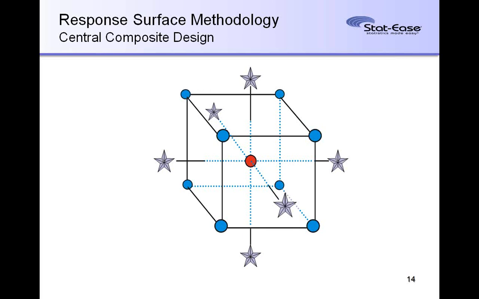So I don't know about you, but I don't care to invest a lot of time and energy into an area of the design space where I have only made a single run. So these are good supporting runs, but you have to remember that your best predictions are within the factorial space.